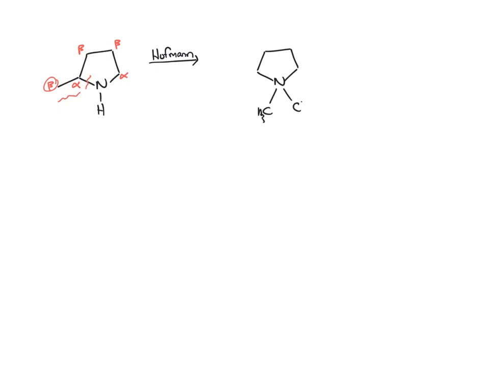So here we end up with 2 methyl groups on the nitrogen. We're going to eliminate from this beta hydrogen. Break that open. The one difference here is your nitrogen leaving group is still, because it's cyclized, still going to be attached to the molecule.